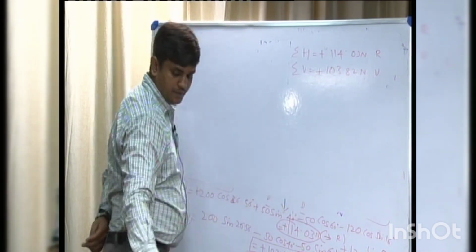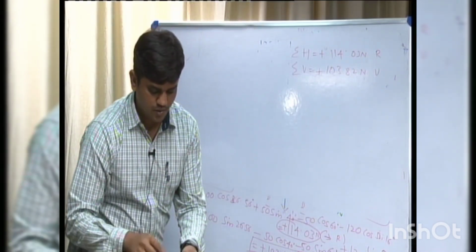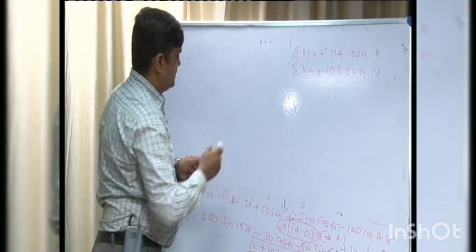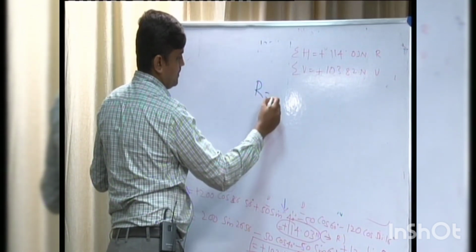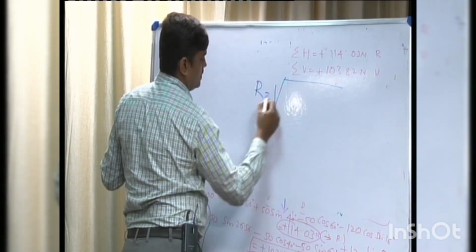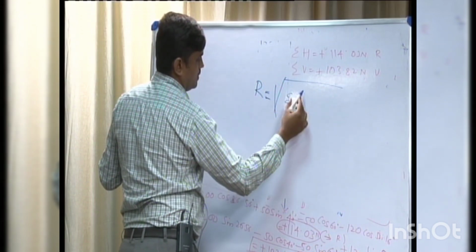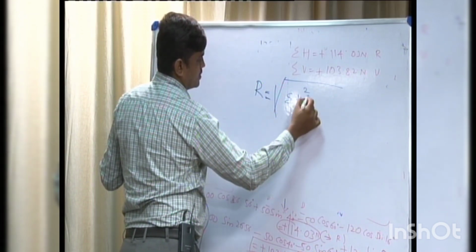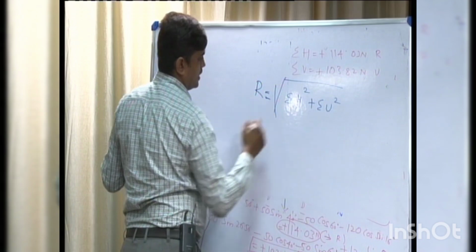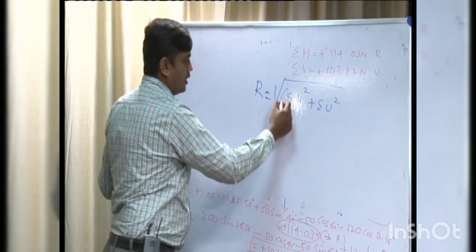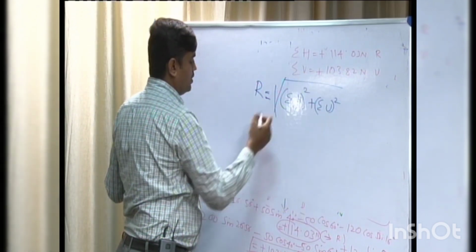We know that R is equal to the square root of sigma H square plus sigma V square, and we got the values.